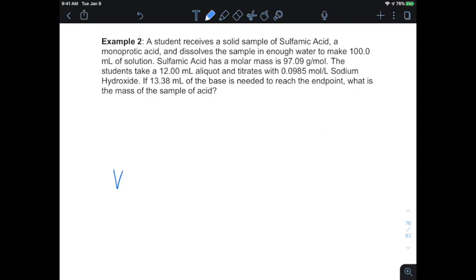The student takes a volume of 12.00 mL, or 0.01200 liters, of that acid, and they titrate it with a base that has a concentration of 0.0985 molarity of sodium hydroxide. This is NaOH. And over here we're going to do our acid, sulfamic acid.